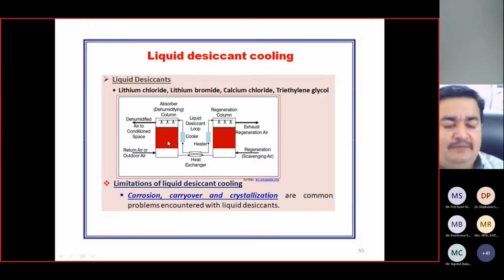And as you know, whenever water is added to a chemical, it becomes mild from strong. So at the bottom of the tank, we find the weak desiccant solution. The remaining dried air gets dehumidified and passes over for further conditioning.